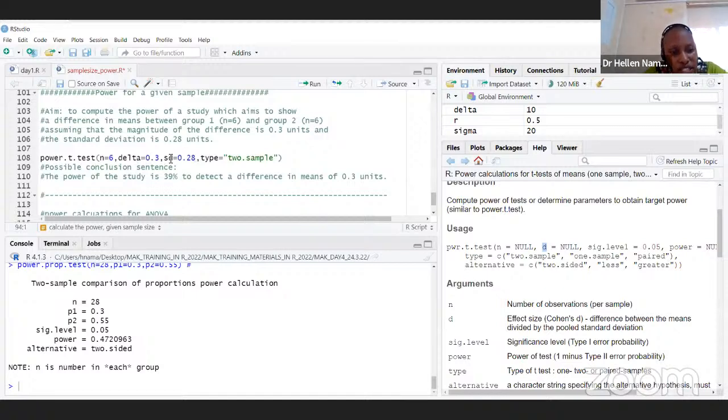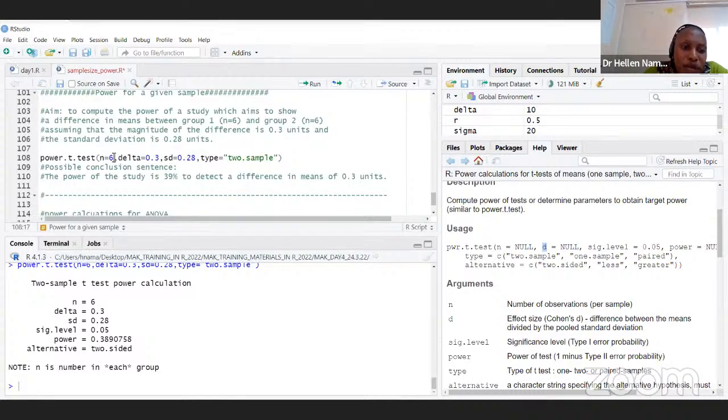Remember, if you get the delta divided by the standard deviation, we are coming up with the effect size, all right? And so in this case, we want to get the power. I've got my N as 6, and I'm considering a two sample. If I run that, it is telling me that in case I'm considering two sample groups and my N is 6 in each, then the power is 39%.